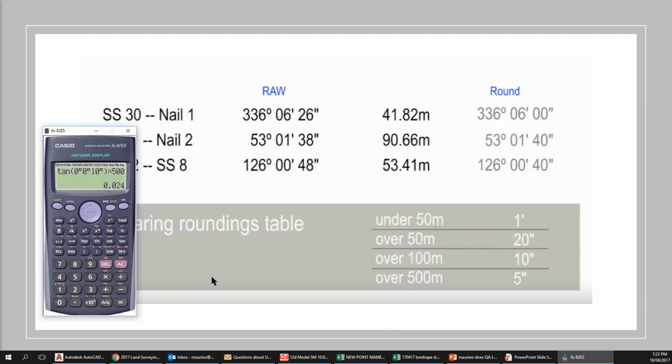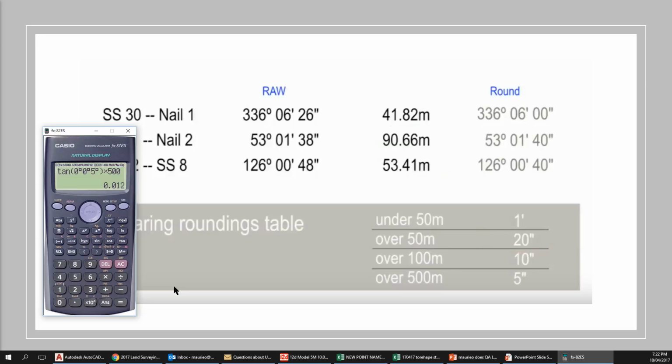If we went to 5 seconds, tan of 0 degrees 0 minutes 5 seconds, times 500, we get 12 mils.